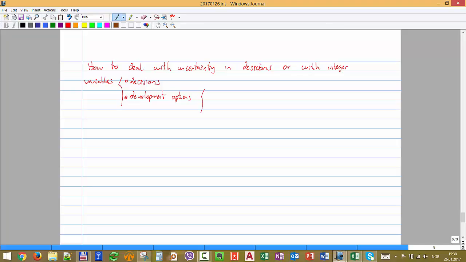If I say, for example, I want to use a platform, I want to use subsea to beach, or I want to use an FPSO. These are three different things that I cannot really use a distribution for, but I still want to be able to quantify uncertainty. So for that we use a very useful tool called decision trees.